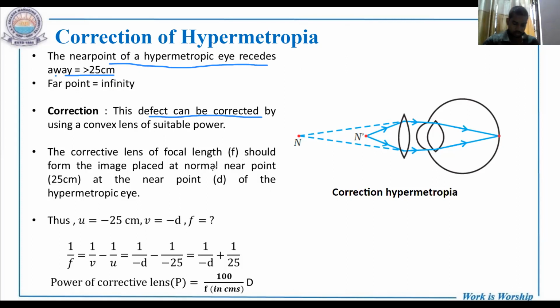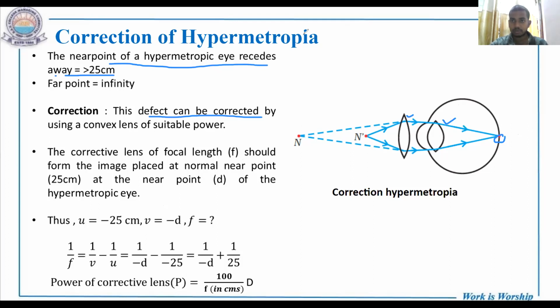You see here, after refraction through the convex lens and then through the eye lens, how the image is formed at the retina properly. And you can use the formula here as given.